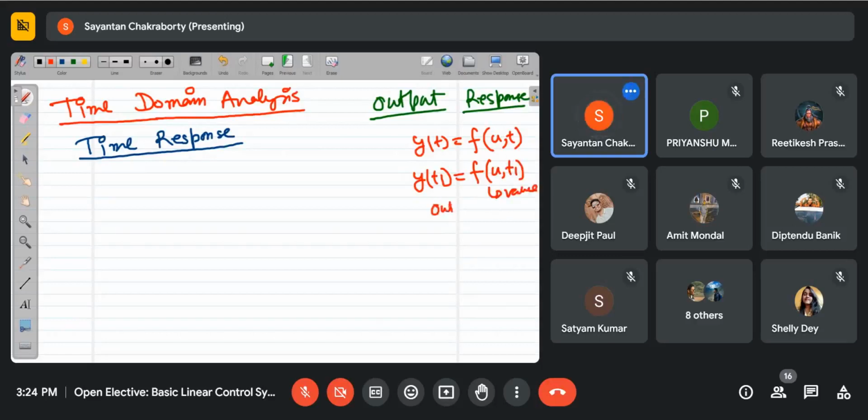There is output at t1. But this expression itself, the mathematical expression, this is the response. This expression represents how the response will be with respect to time. That is a time response.